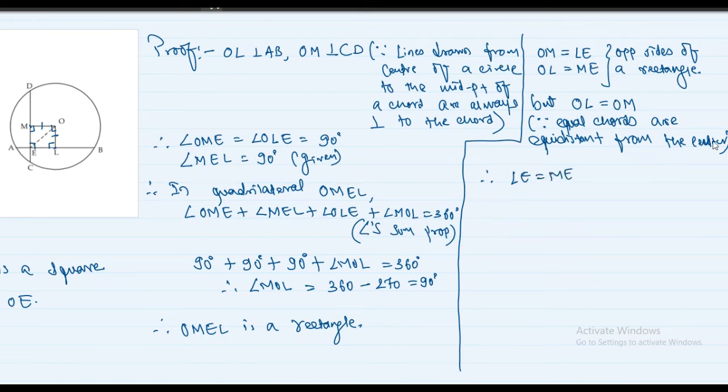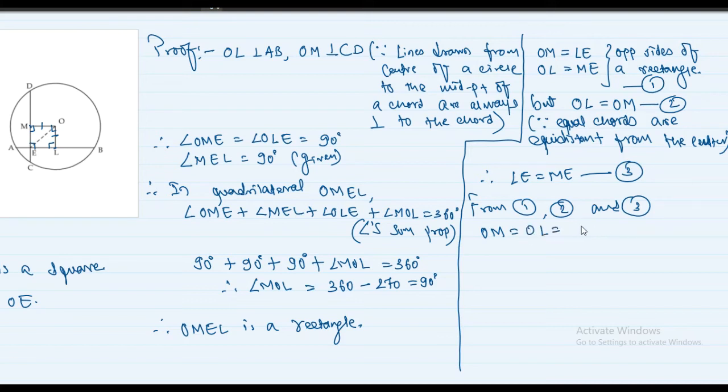So this is maybe 1, 2 and 3. We can say that from 1, 2 and 3, OM is equal to OL is equal to ME is equal to LE, and therefore OMEL is a square.